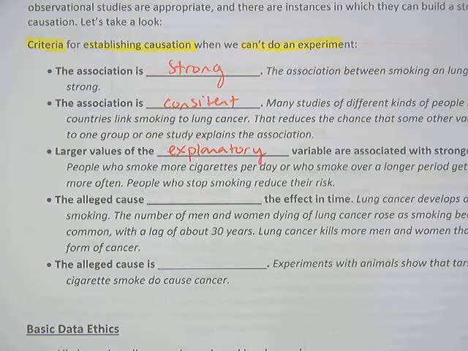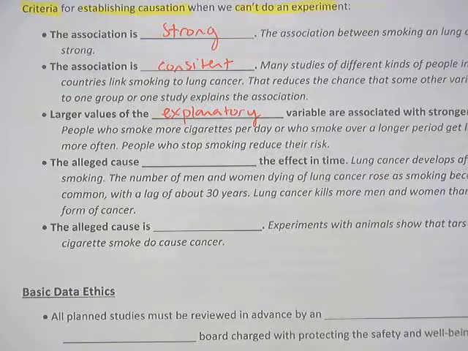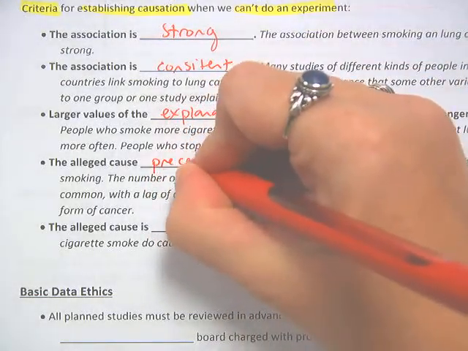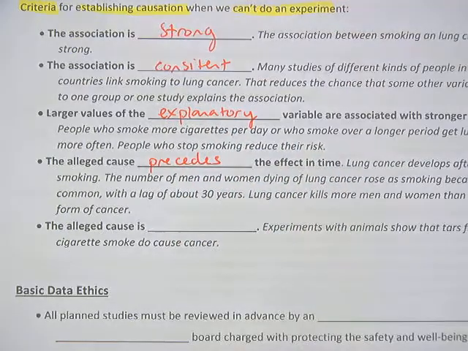So that's showing that larger values of the explanatory variable are associated with stronger responses. Alleged cause precedes the effect in time. Lung cancer, which is the effect, develops after years and years of smoking, which is the cause. So cause comes before effect.